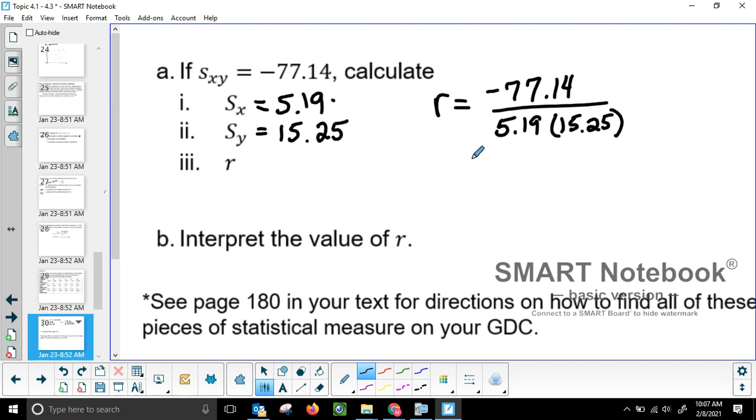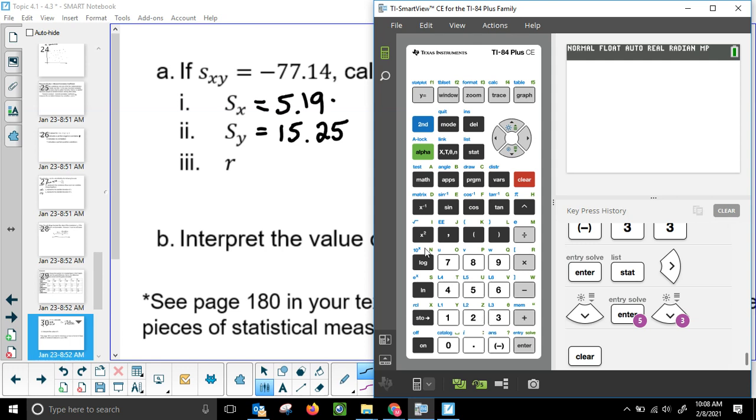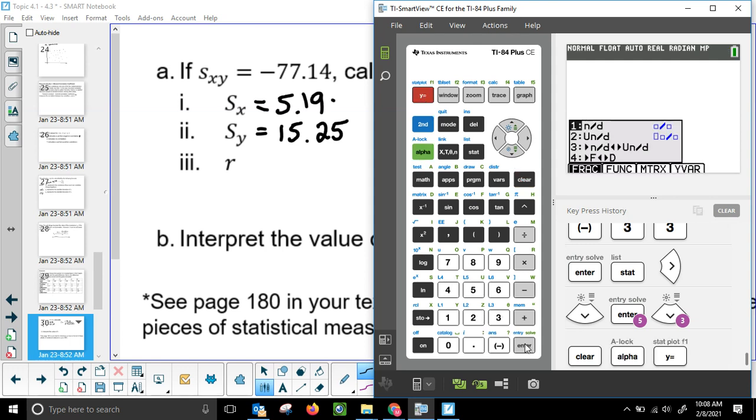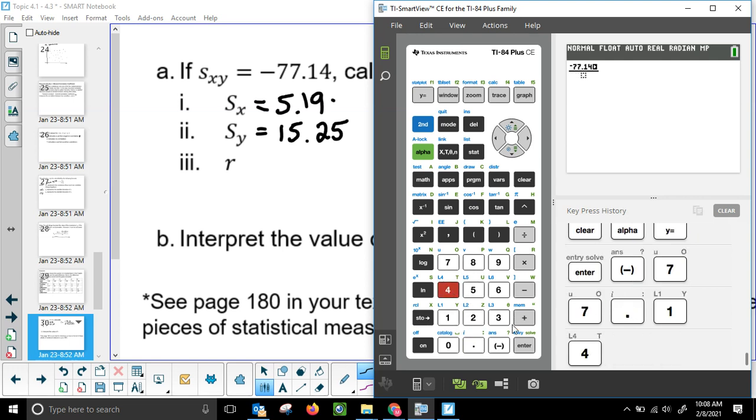If we do that in our handy dandy calculator, that is negative 0.975.